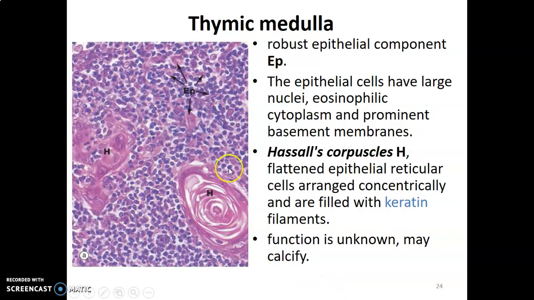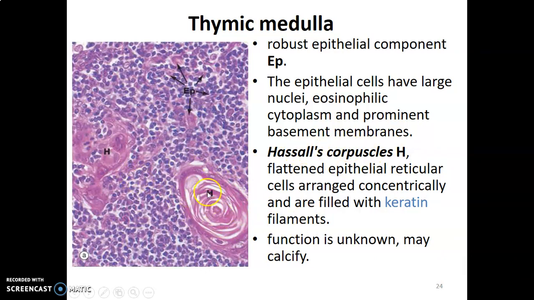Then within the medulla, you have epithelial cells with large nuclei and eosinophilic cytoplasm with a prominent basement membrane. These epithelial cells become flattened and concentrically arranged with keratin filaments, and that's what forms Hassall's corpuscles.